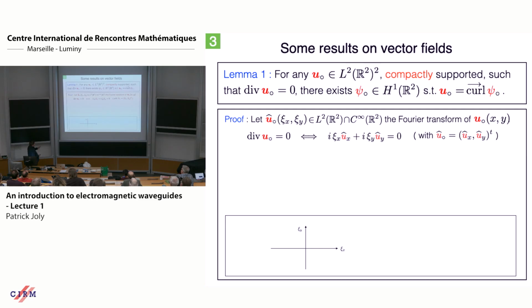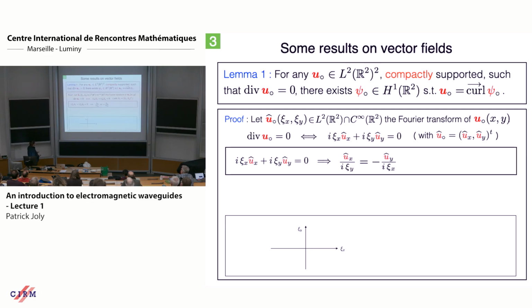And the divergence condition is simply this algebraic condition, which means that these two fractions here are equal. If they are equal, I can give them a name, psi 0 hat. You will remark that if you express this equality for psi y equals 0, you see that ux is 0 along the real axis in the psi x, psi y plane.